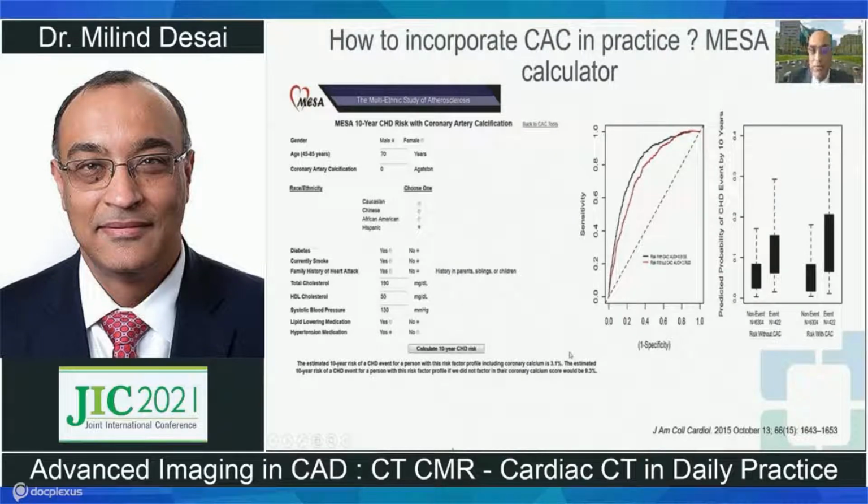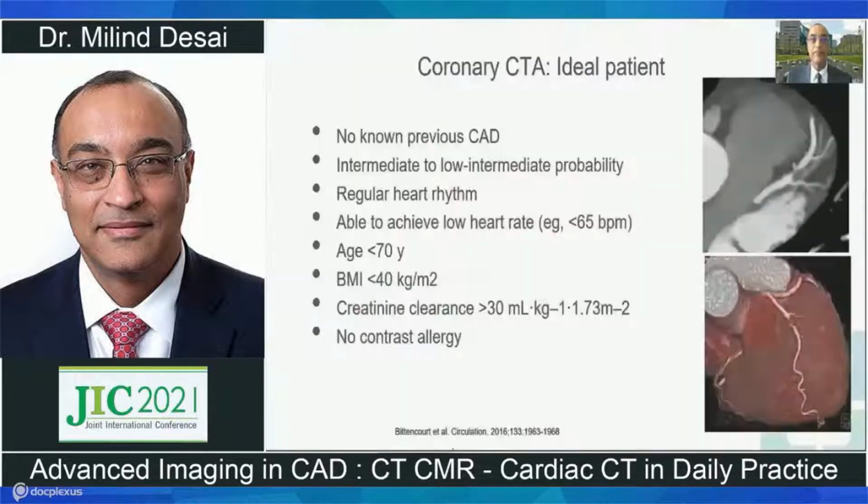This gives us a risk score which can divide patients into different percentiles of risk that can help in terms of primary prevention. So taking the calcium score on its own is not a good idea. Incorporating it in the overall context of primary prevention is the right way of practicing medicine in this context.